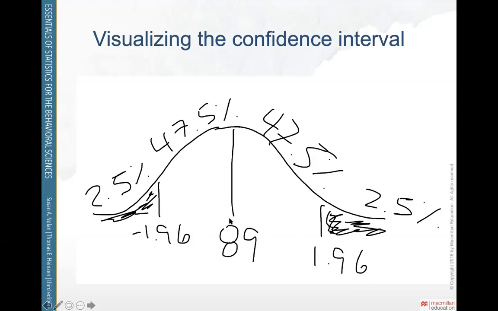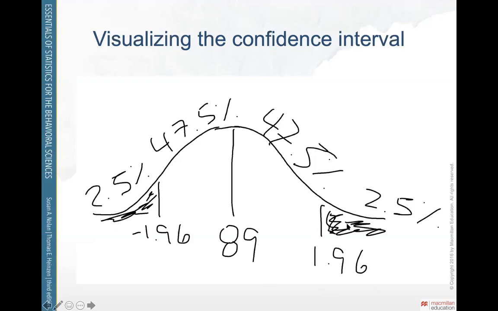The 95% confidence interval is the idea that this white space contains 95% of the area in the distribution. And that means 2.5% is in this tail, 2.5% is in this tail. And this should look familiar. We've used this plus or minus 1.96 before. This is the critical Z value that is used when alpha equals 0.05 for a two-tailed test.